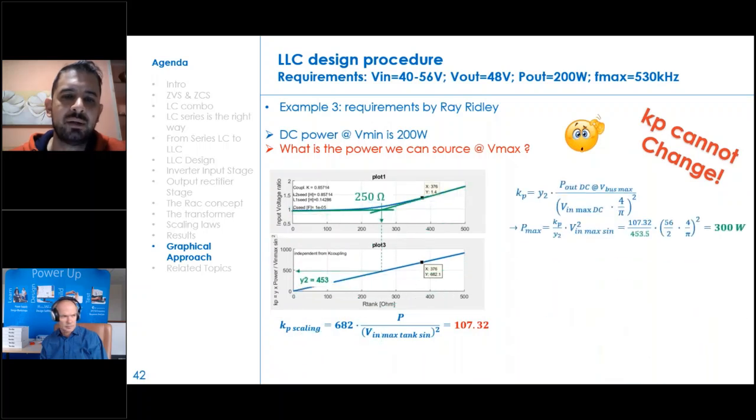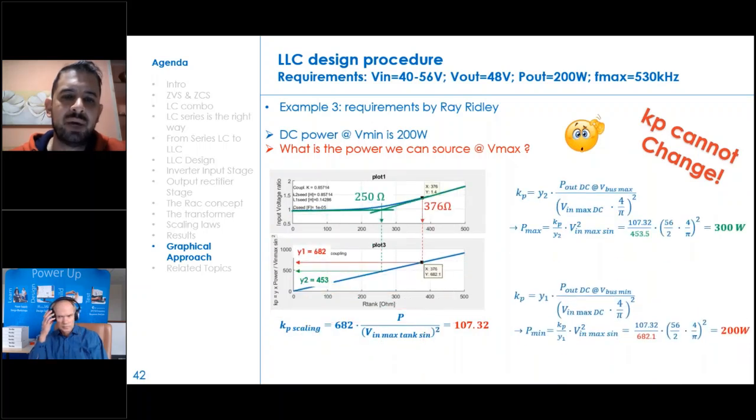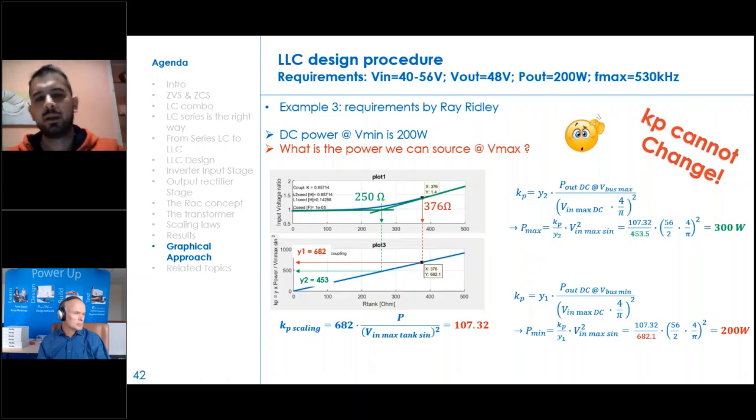If I go here with this value, I get 682. If I replace in the formula, I get 200 watts. So look, in one slide, you can identify which LLC factors you're looking for by combining 3 plots only with the scaling laws.